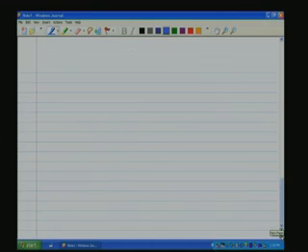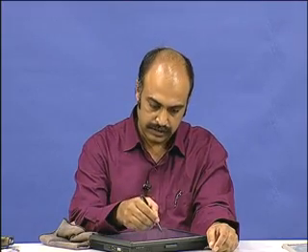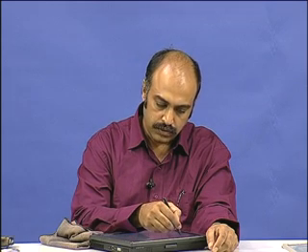Let us now look at how a voltage source and the current source is represented symbolically, and of course its ideal characteristics. So let us consider a voltage source.